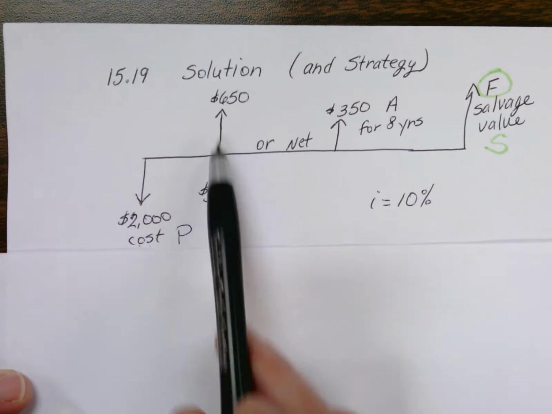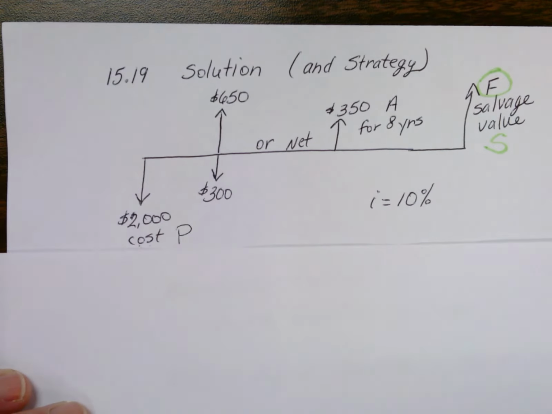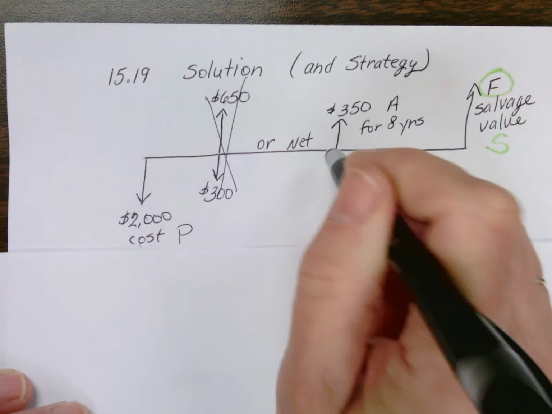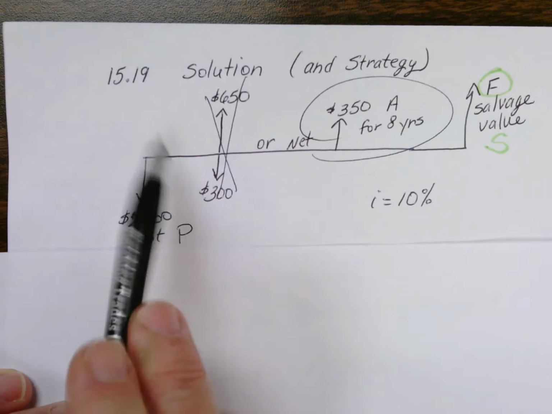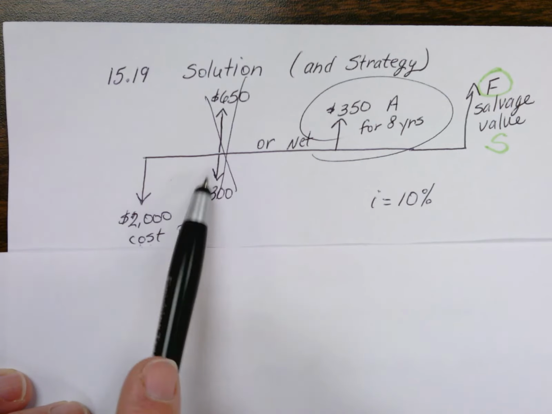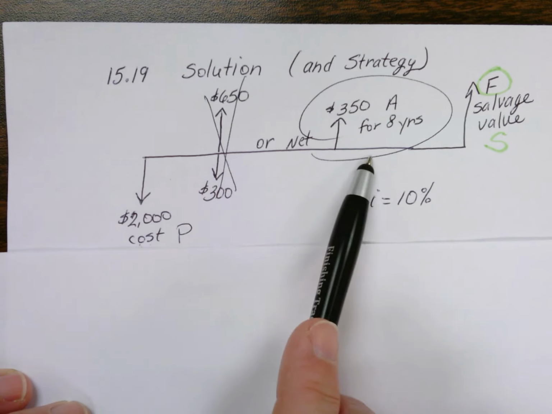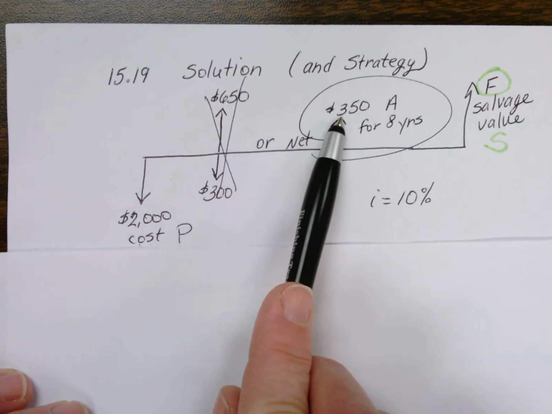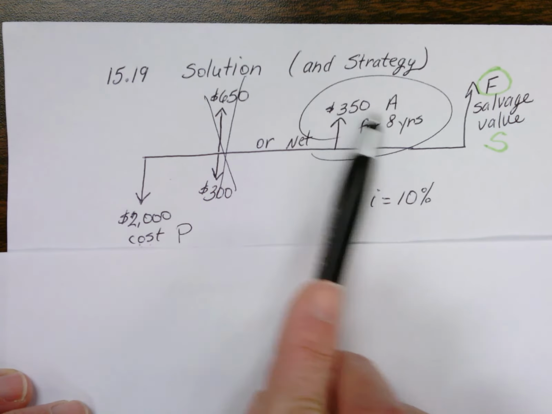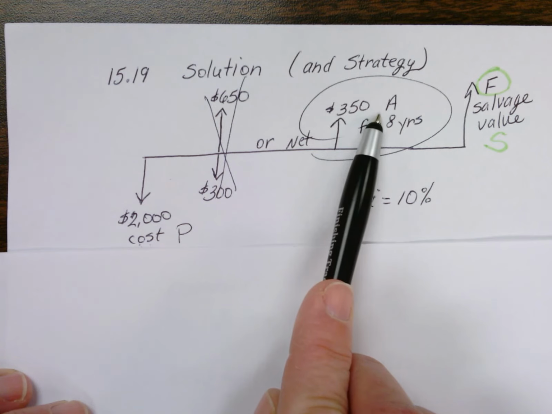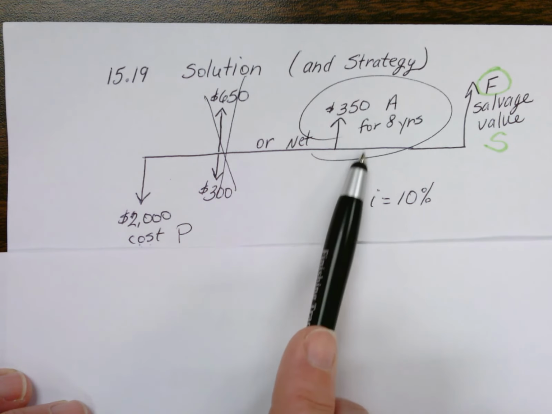Plotting these on the timeline, we can see that they happen at the same time, so you can ignore that and just call it a net cash flow in of $650 in minus $300 out equals net cash flow in of $350. That happens once a year for 8 years. Therefore, it meets the criteria for an annuity, and so we'll give it the letter A for annuity.